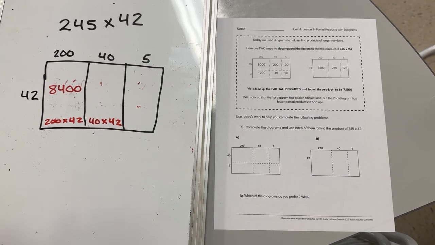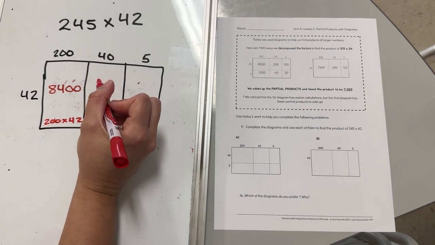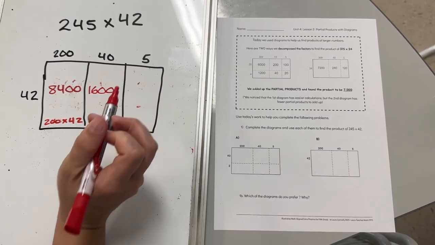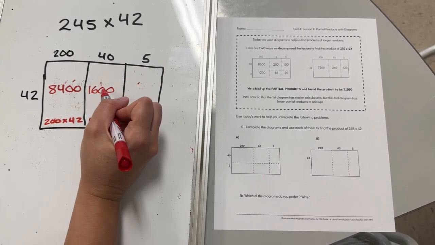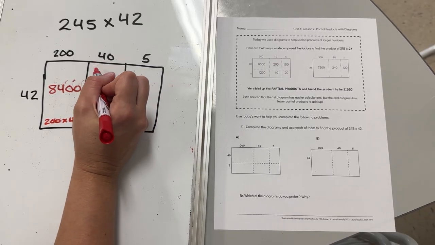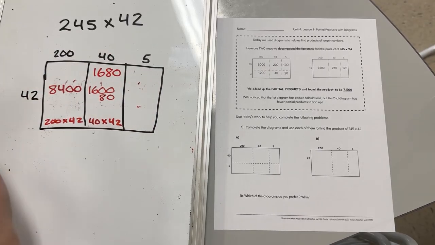Well, I know that 40 times 40 is the same as 4 times 4 with 2 zeros on the end. 4 times 4 is 16, 2 zeros on the end is 1600. Then I have to do 40 times 2 to get 80, which means that in this box, I end up with 1,680 total.